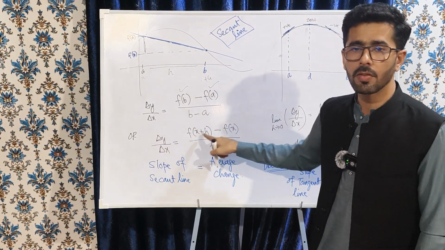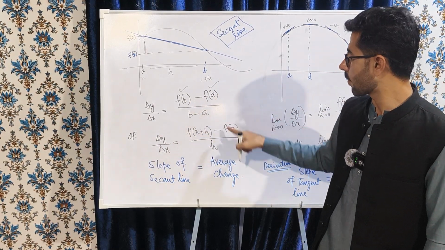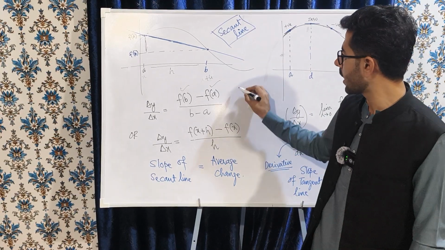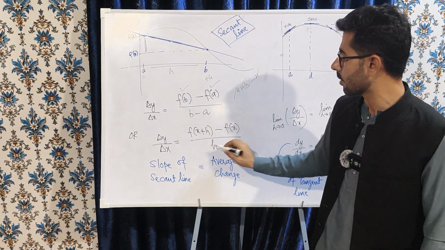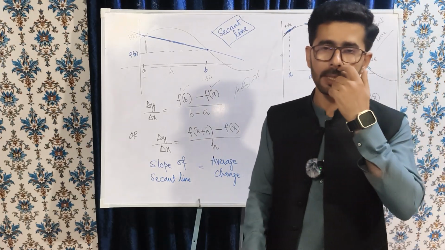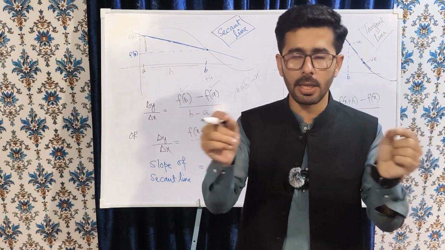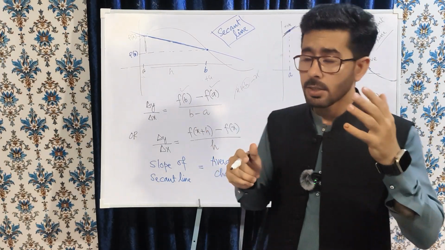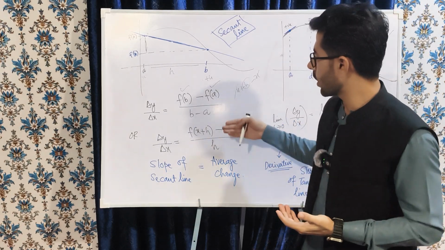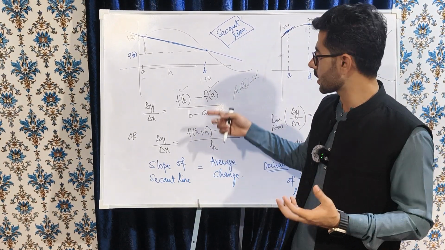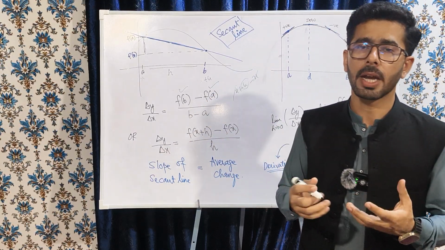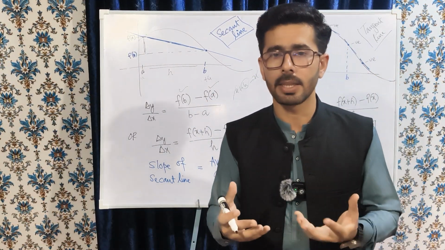So f of b will be f of x plus h, minus f of a, which is f of x, divided by x plus h minus x. So x and x get cancelled, divided by h, right? So h represents my run value, the increment on the x-axis, right? So either way, you call it this way or you call it this way. This one is the difference quotient that we have already discussed.